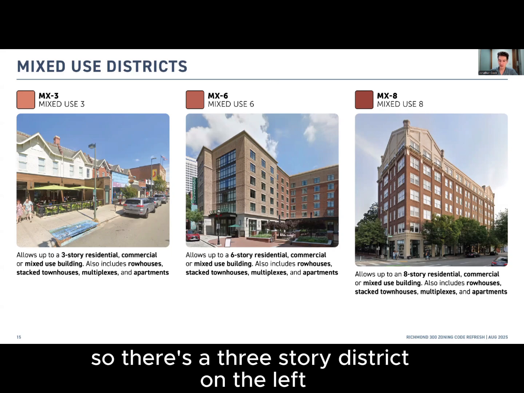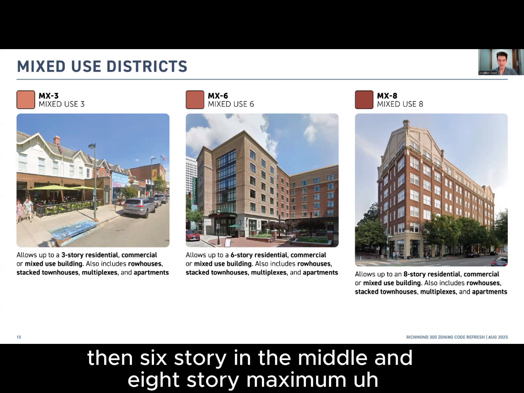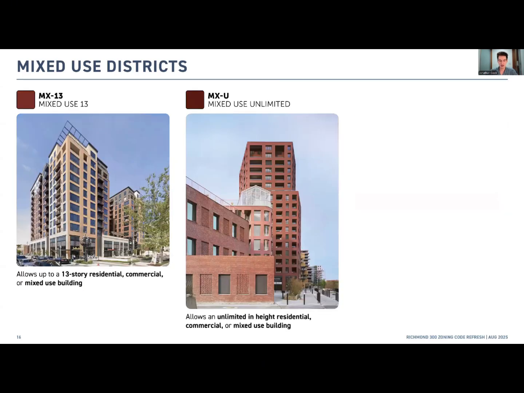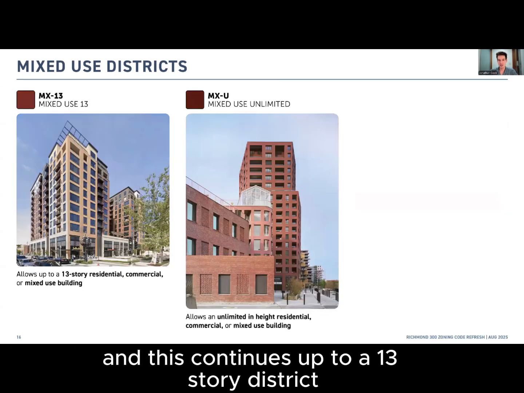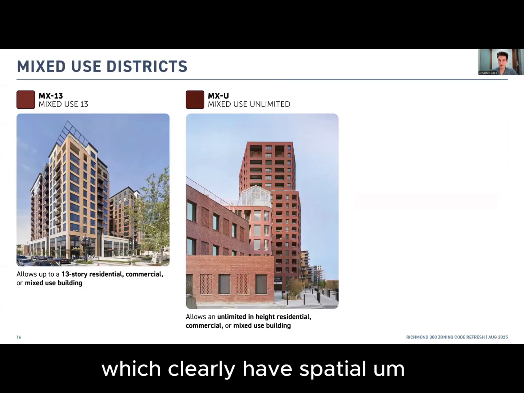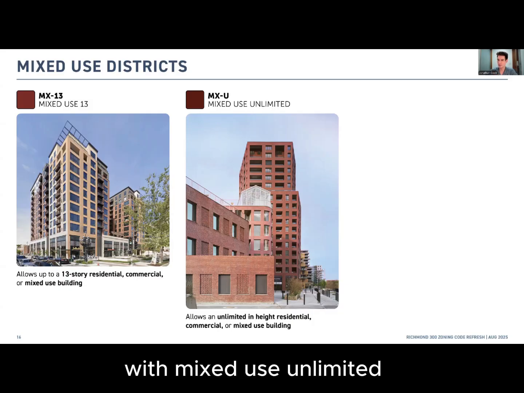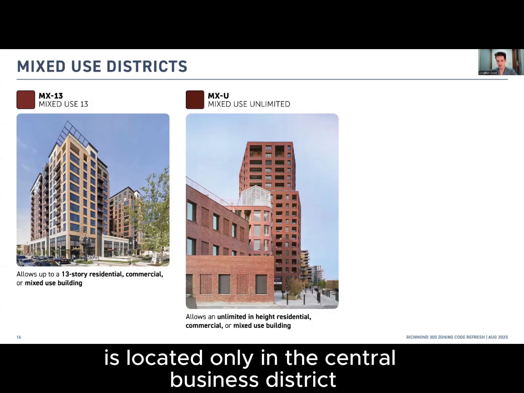So there's a 3-story district on the left, then 6-story in the middle, and 8-story maximum district on the right. And this continues up to a 13-story district and an unlimited height district, which clearly have spatial limitations. And so, for example, with mixed use unlimited is located only in the central business district.